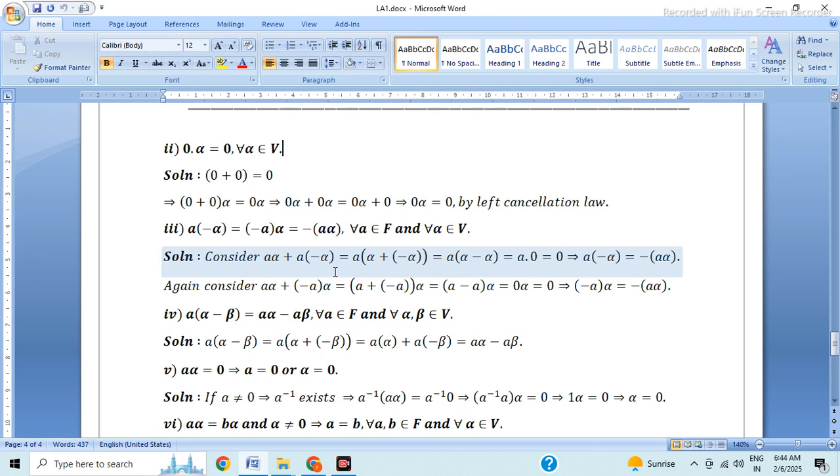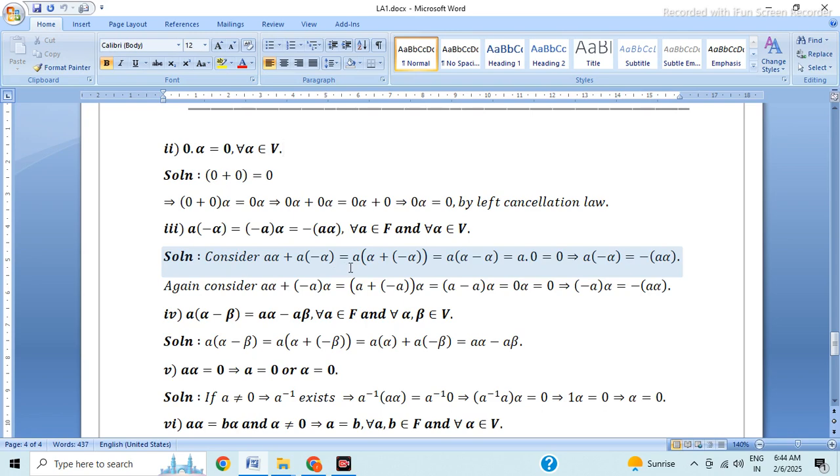Then the first one is a into minus alpha plus a alpha. This is the same as taking a common. Then it is alpha plus minus alpha, which is the same as alpha minus alpha. But what is alpha minus alpha? It is 0. Then what is a into 0? We have already proved that it is 0.